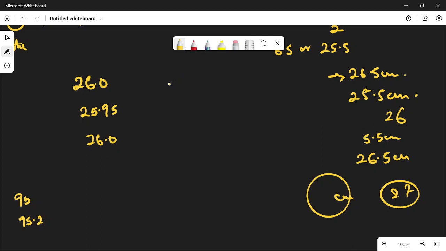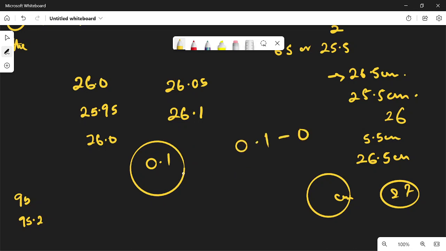Or it can also be 26.05. If I round this one up to one decimal place, it will become 26.1. So 26.1 and 26.0, what's the difference between the two? The difference is 0.1, that is 0.1 minus 0, that will give 0.1. So if you want to know the absolute error, it's going to be divided by 2. That will give you 0.05. So the absolute error is 0.05.